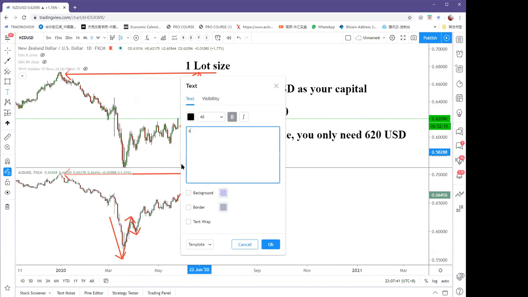And the base currency is Kiwi, so the profit calculating currency is US dollar. So if we win 500 pips, each pip means $10 per lot. The potential gain is 5,000 US dollars.